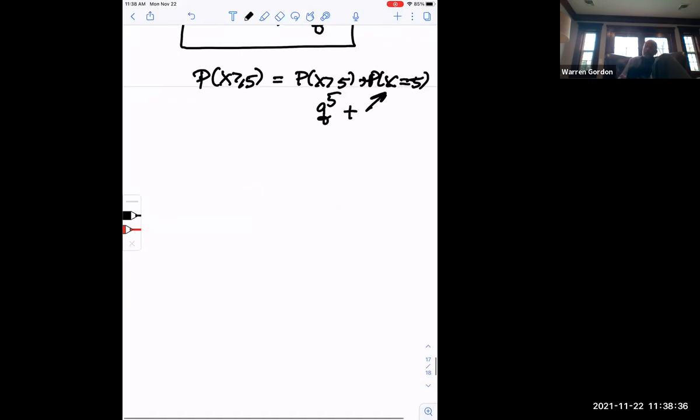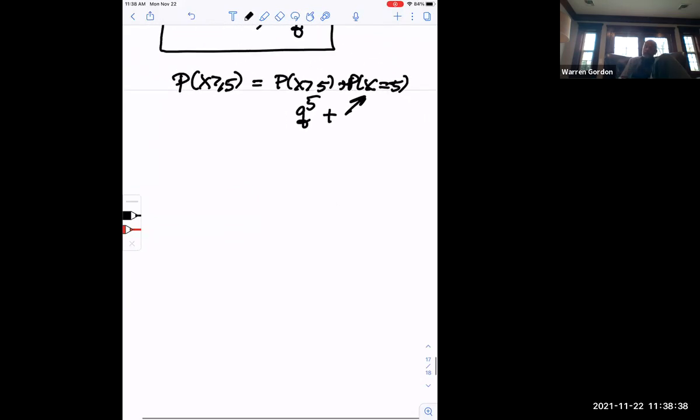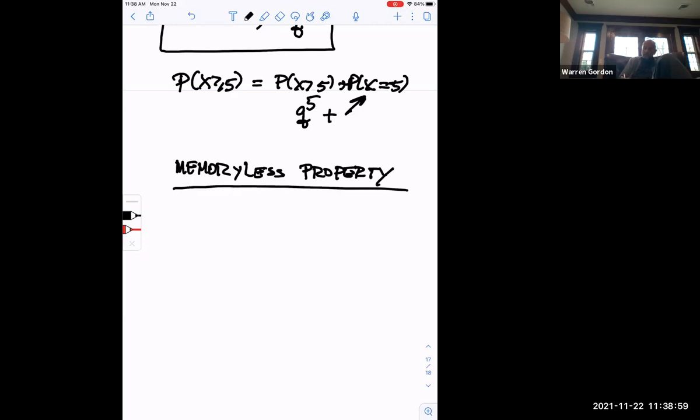Okay. Now, there's another interesting property that I want to mention with respect to the geometric distribution. I'm going to show you in a moment that the geometric distribution has what's called the memoryless property.